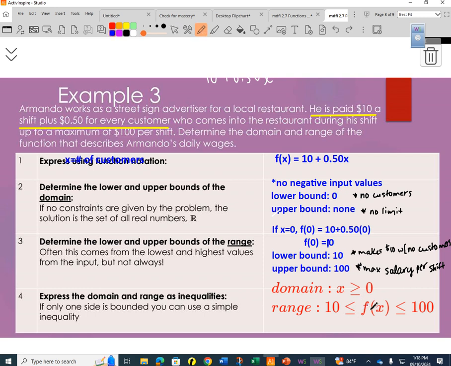This means the possible amount of money he can make is greater than or equal to $10 and less than or equal to $100. Another way that might make more sense to you: f of x is greater than or equal to $10 and f of x is less than or equal to $100. So on the number line, it would fall in between the 10 and 100, and it would include the 10 and 100.